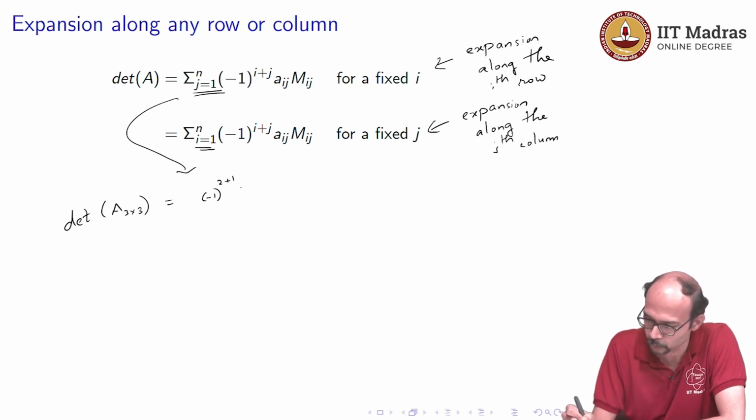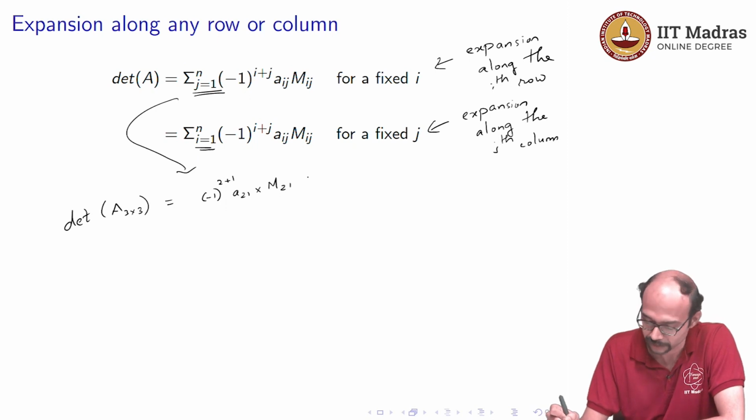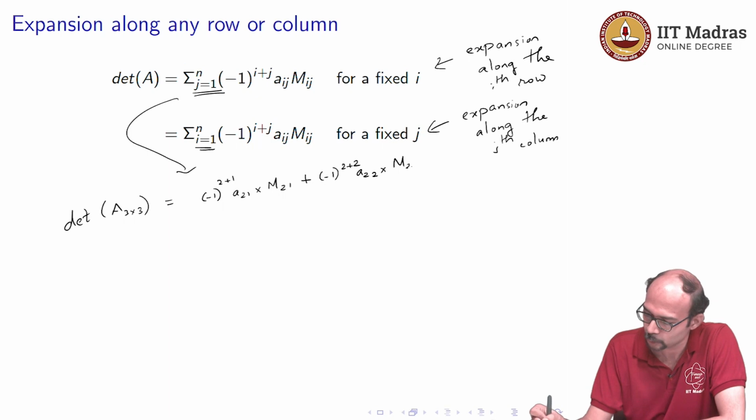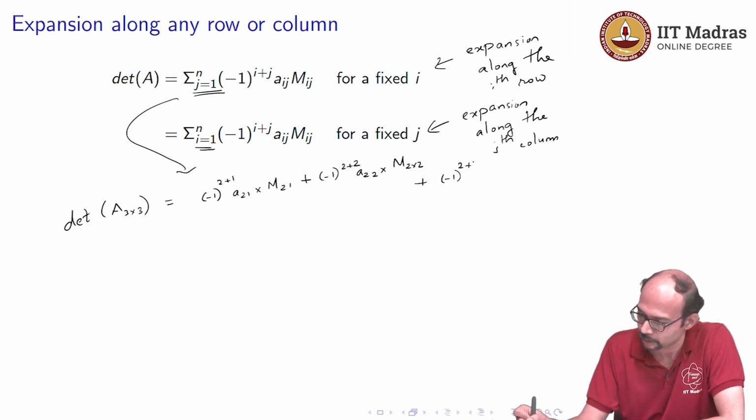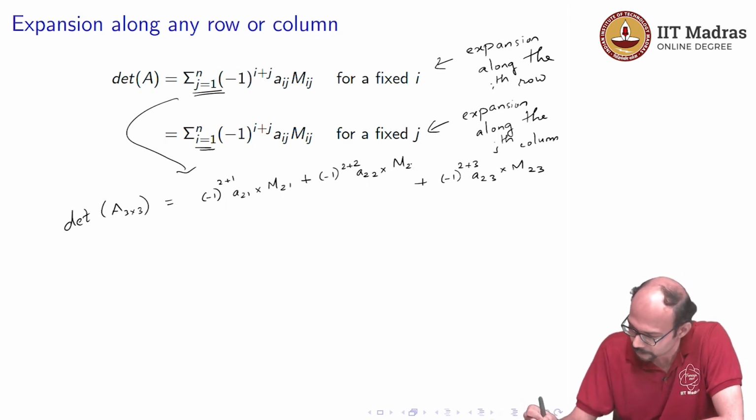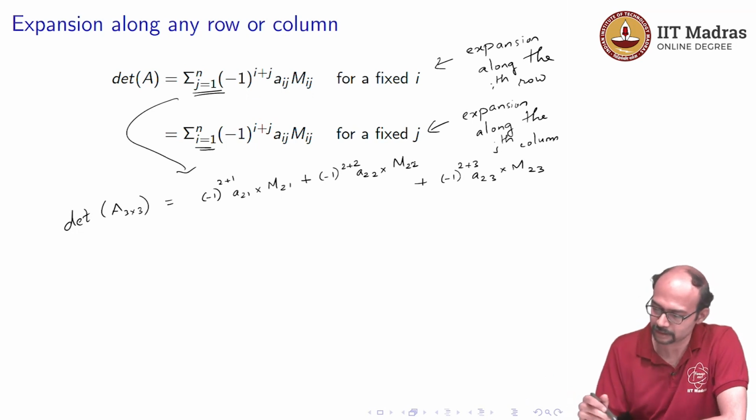So -1 to the power 2 plus 1 times A21 times the 2 1th minor, plus -1 to the power 2 plus 2 A22 times the 2 2th minor, plus -1 to the power 2 plus 3 A23 times the 2 3th minor. My bad, this should be 2 2. So that is the expression.